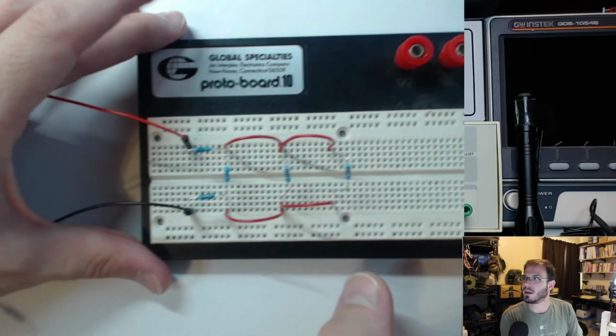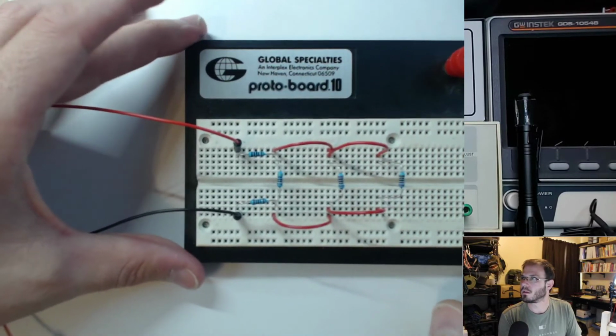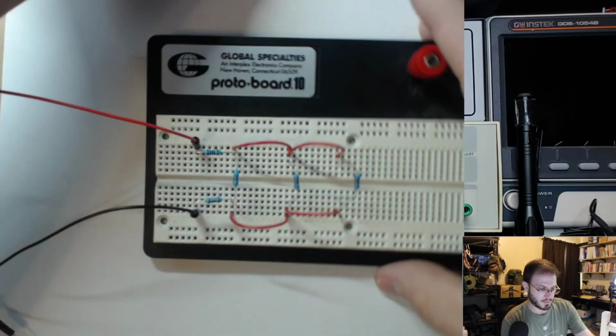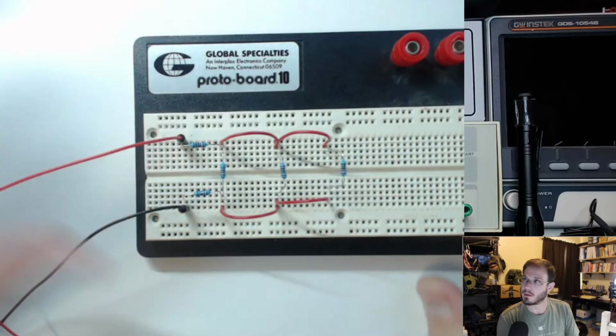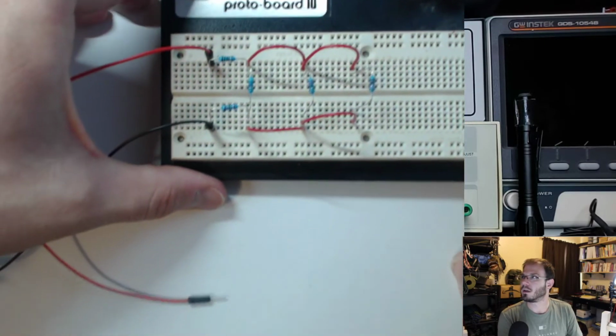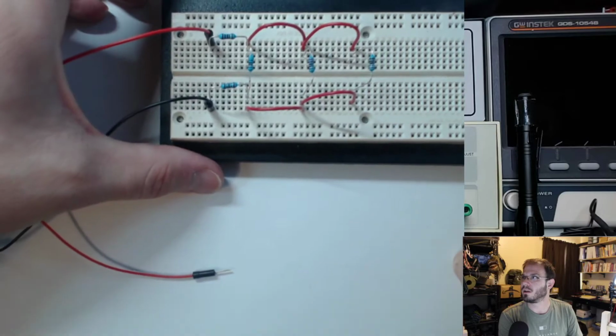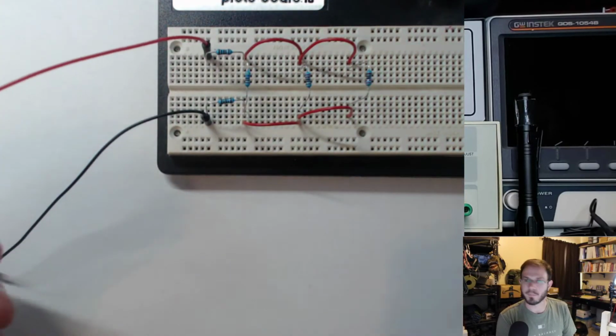I'm going to put this off on the side just a little bit. In fact, let's do this. Perfect. I'm going to put this at the top because we're going to be probing it with our multimeter.